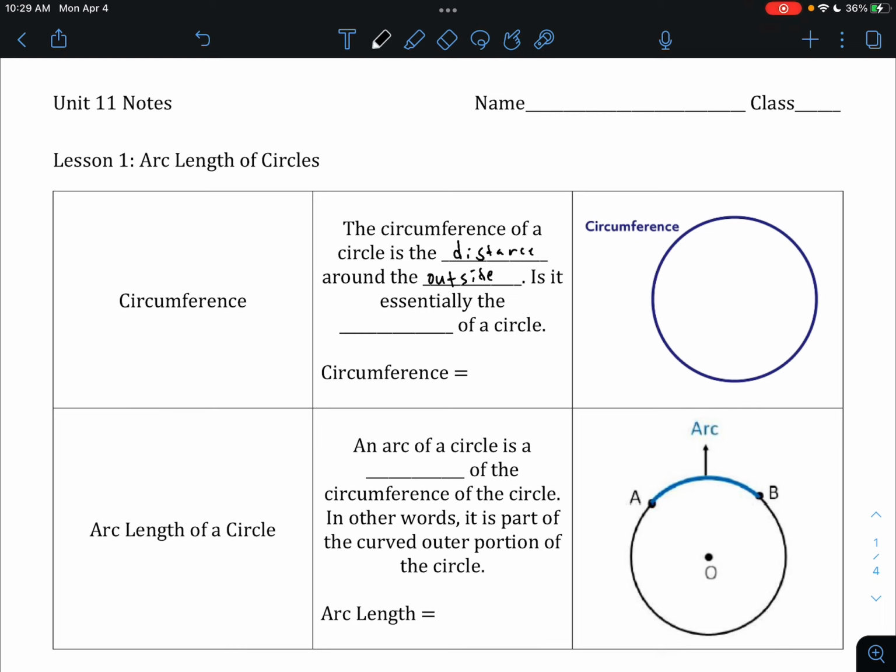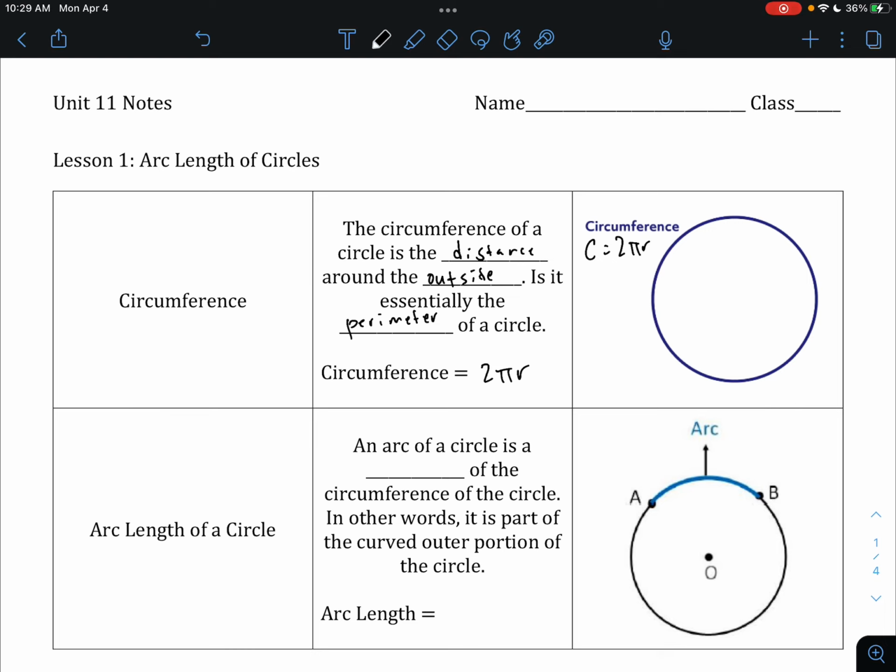So the circumference is essentially just the perimeter of a circle. And you may recall that the formula for circumference is 2 times pi times the radius. And so if we have our circle with our circumferences all the way around, the way we find our circumference is using that formula. Circumference equals 2 pi r.